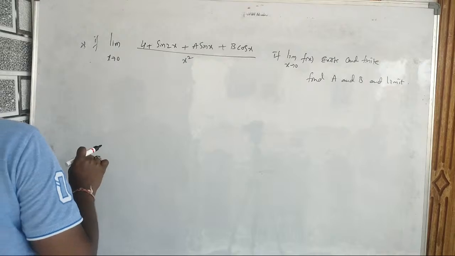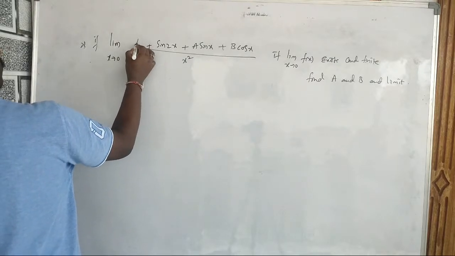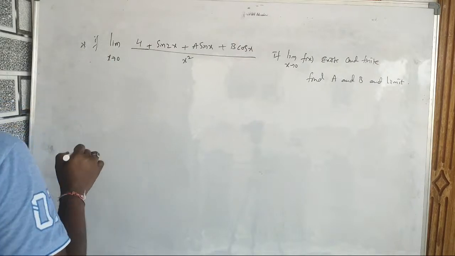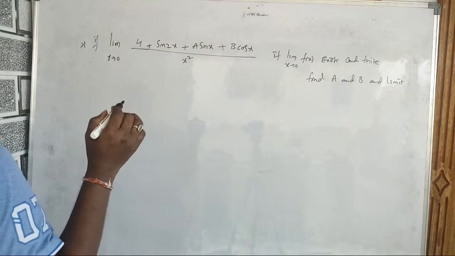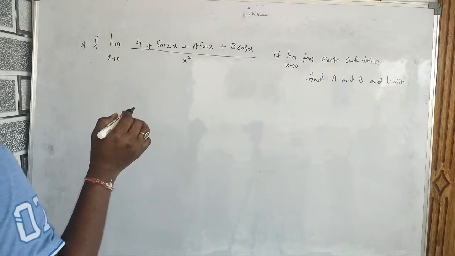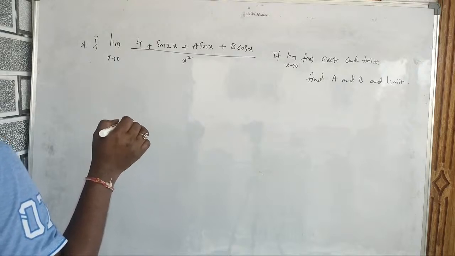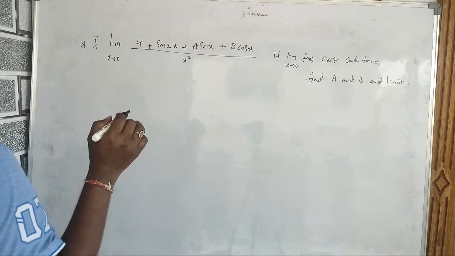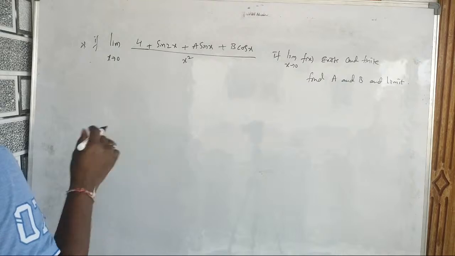I repeat again. f of x is equal to limit x tending to 0 of (4 plus sine 2x plus a sine x plus b cos x) divided by x square. If the limit exists and is finite, find a and b and the limit.